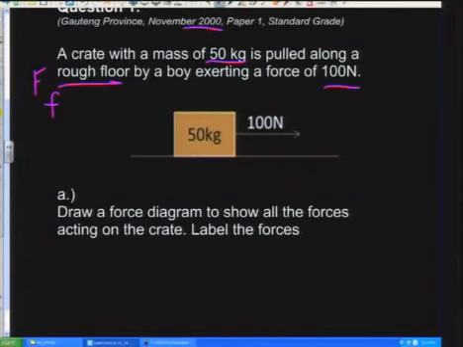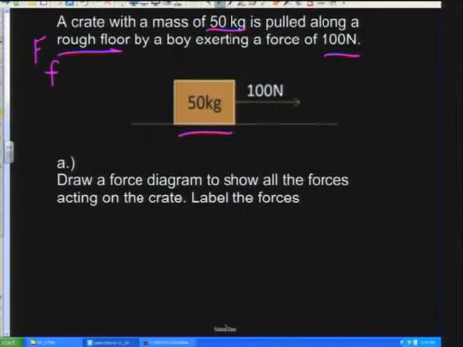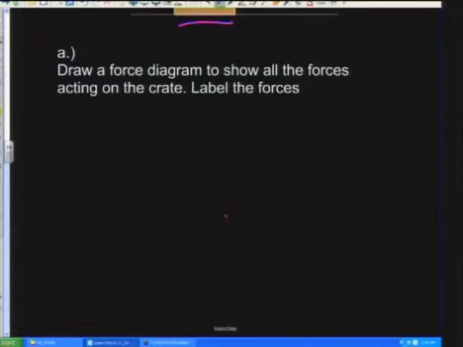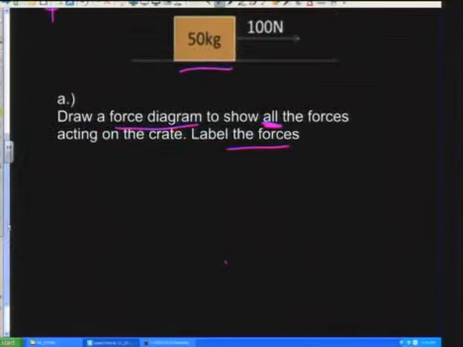So there we've got a picture, and if they haven't given you a picture, you need to draw it. 50 kilograms, 100 Newton force. Now what do they say to you? They say you must draw a force diagram to show all the forces acting on the crate and label the forces. Okay, so let's do that.